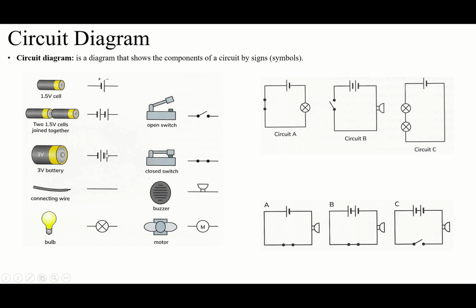This one, guys, might be somewhat confusing, but you can separate them like this. Here, two cells are connected: you see a line between these two.